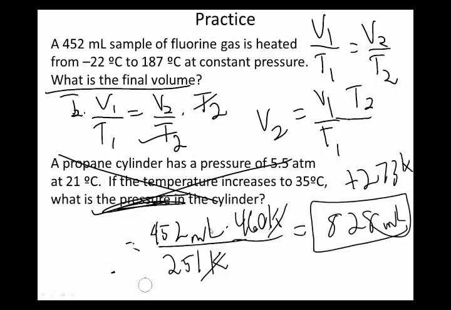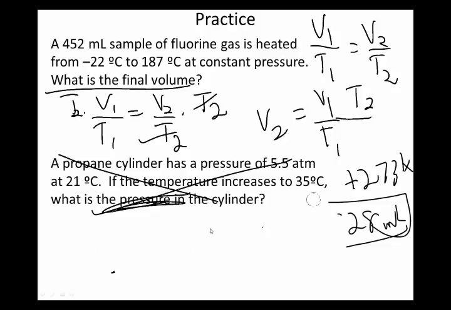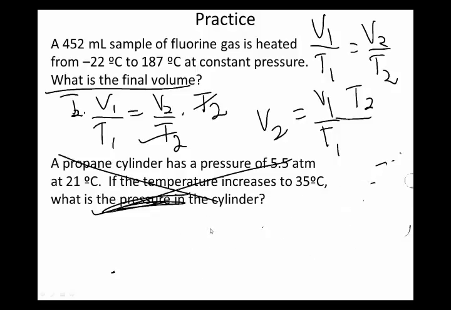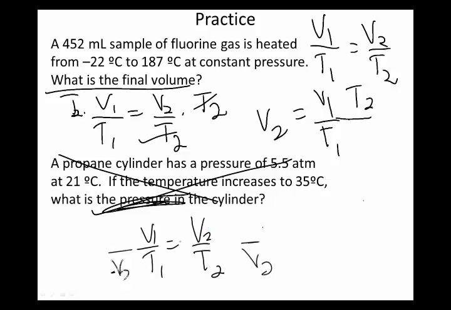One thing I want to warn you about: if in any case you have to solve for, say, T2, a very common mistake that people make is they divide by V2 on both sides and say, oh, T2 equals V1 over V2 T1.